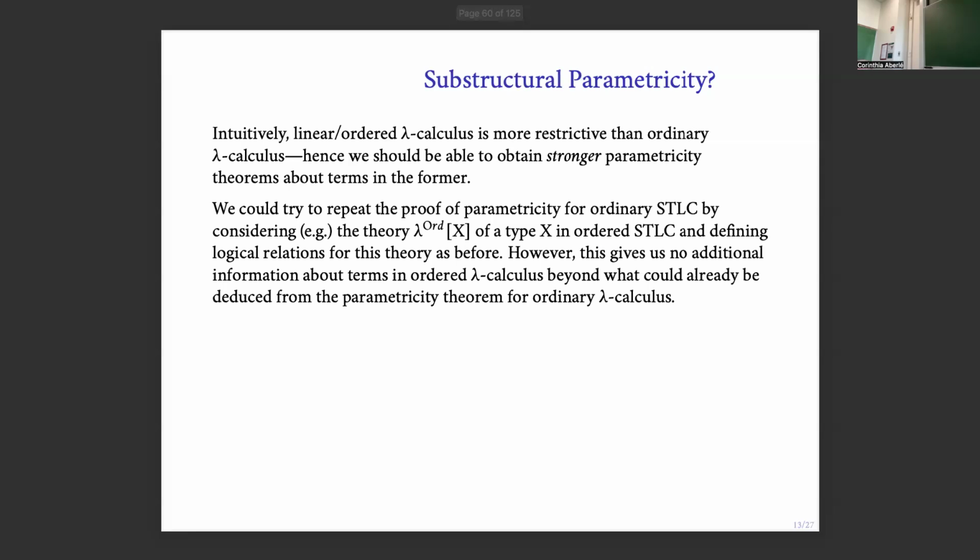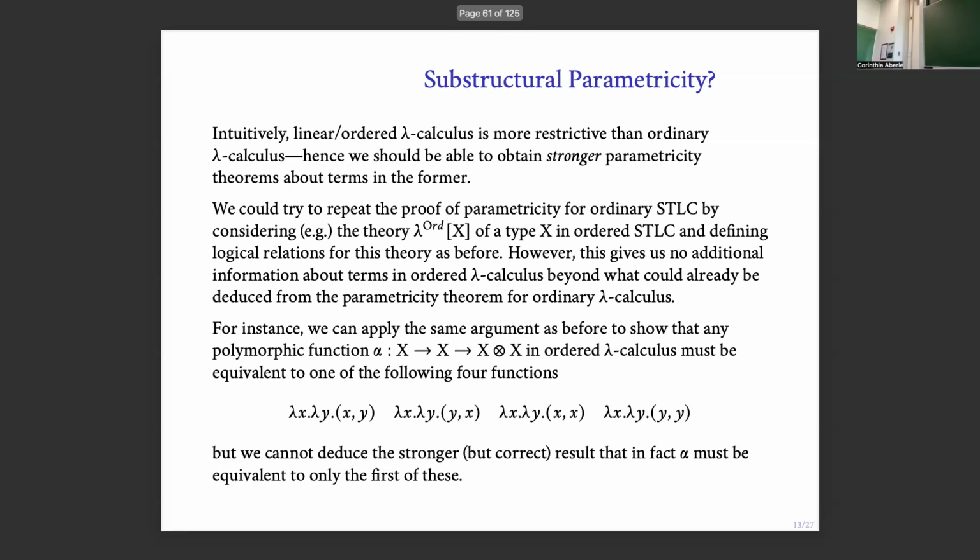As an example, if we just try to repeat the proof of parametricity for ordinary simply typed lambda calculus by considering the theory of a type X in ordered lambda calculus and defining logical relations like we did before, this actually doesn't give us any new information over and above the parametricity theorem we had for simply typed lambda calculus.